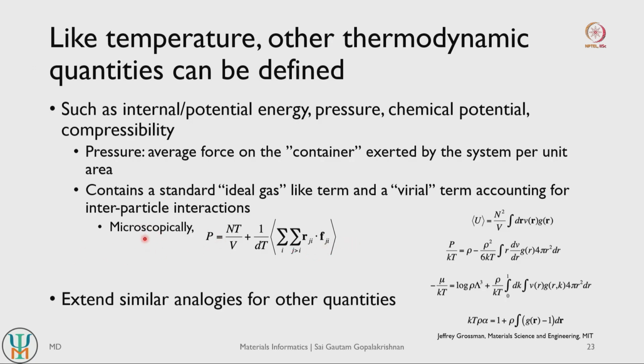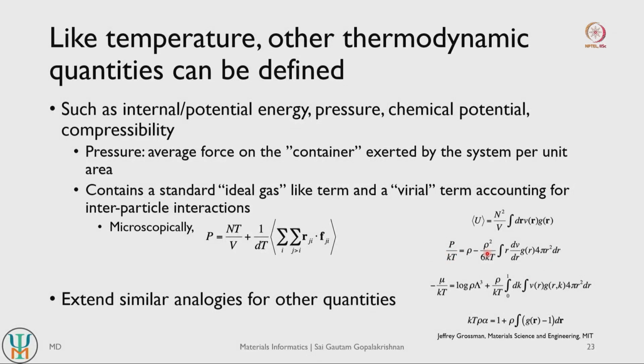So, microscopically you can define pressure as so for an individual particle, and then you can generalize this expression in a macroscopic sense for your entire system. You can do an integral across all of your particles and you should be able to get your pressure term.